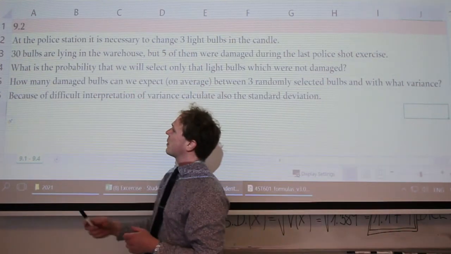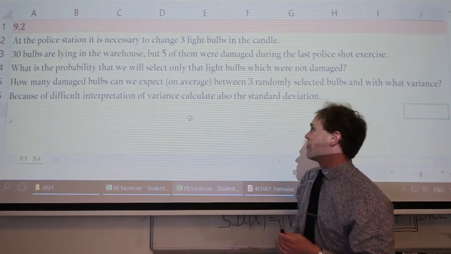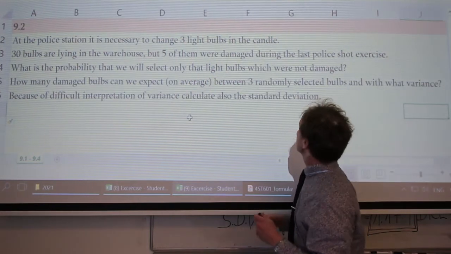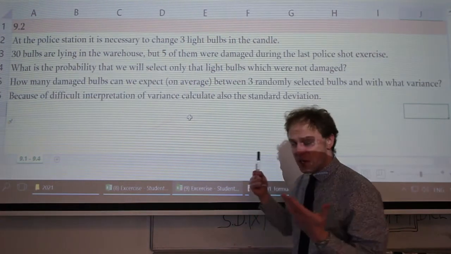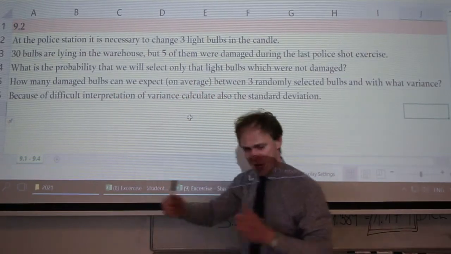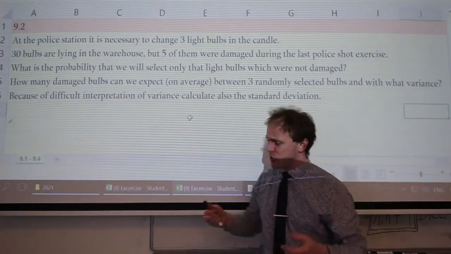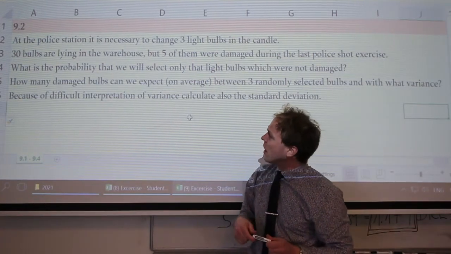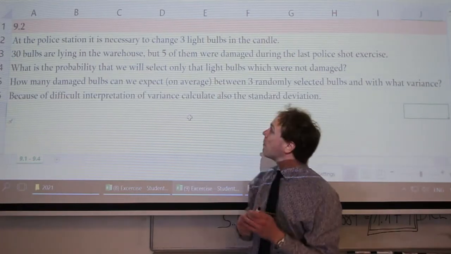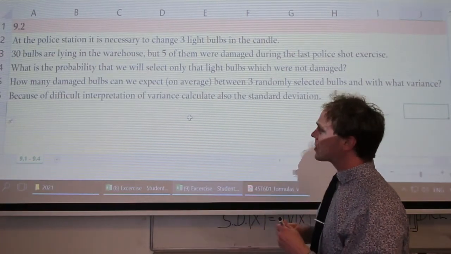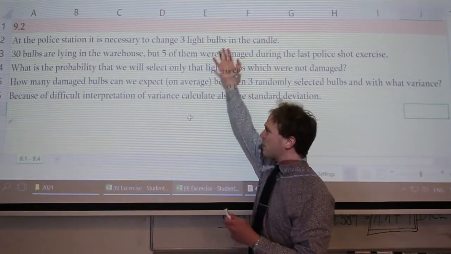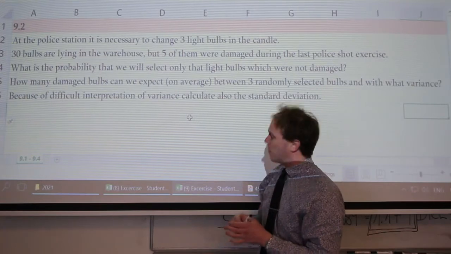There are 30 bulbs lying in the warehouse, but we know that 5 of them were damaged during the last police shot exercise. These 5 light bulbs in the box with reserve light bulbs will not shine in the candle. We are going to the warehouse and we will select 3 light bulbs.